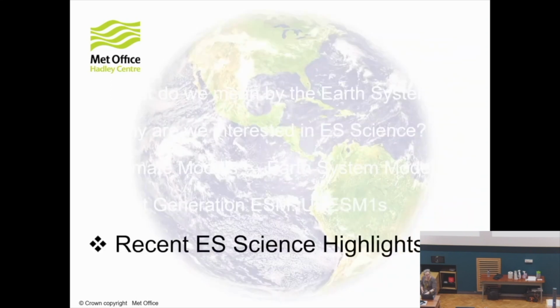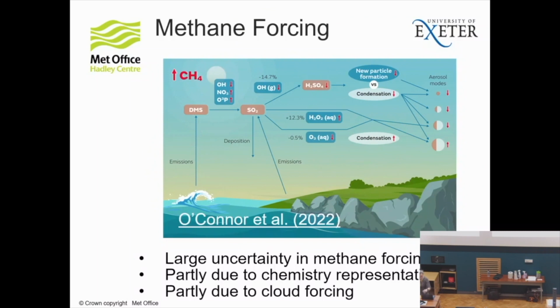Okay, so over the next few minutes I just wanted to present some recent science highlights, in terms of work that has contributed to the 6th Assessment Report using UKESM1.0. The first example I've unashamedly taken from a paper of mine that was published earlier this year, where I looked at the impact of changes in methane over the historical period and quantified the impact on the Earth's radiation balance.